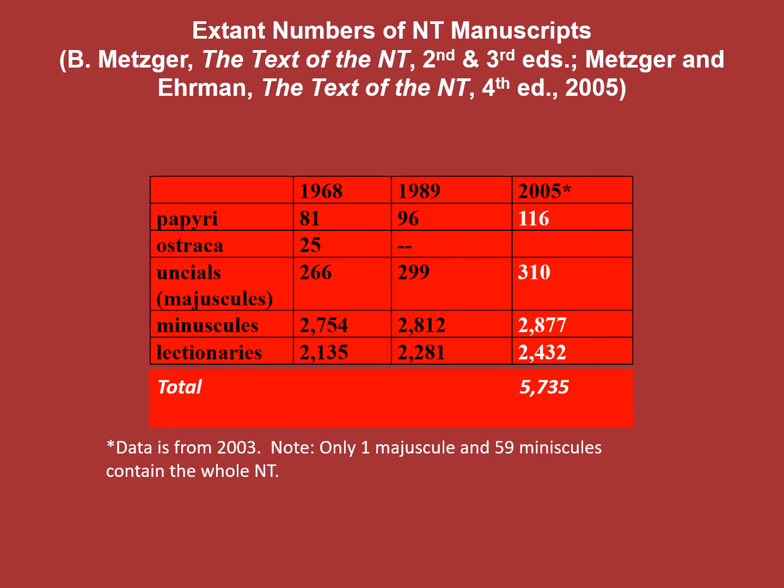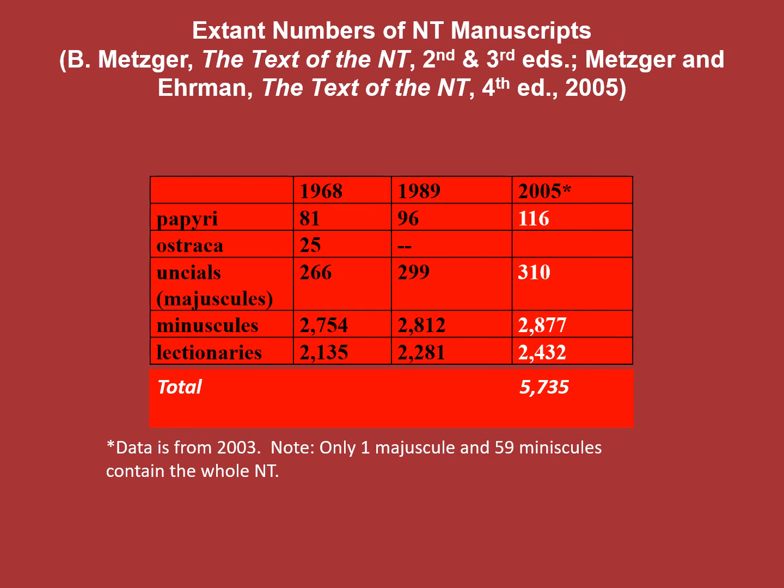Now, the ostraca evidence hasn't been reported since 1968. Uncials are early manuscripts that were written in capital letters. And so the uncial evidence has also been moving up from 266 to 299, now to 310.